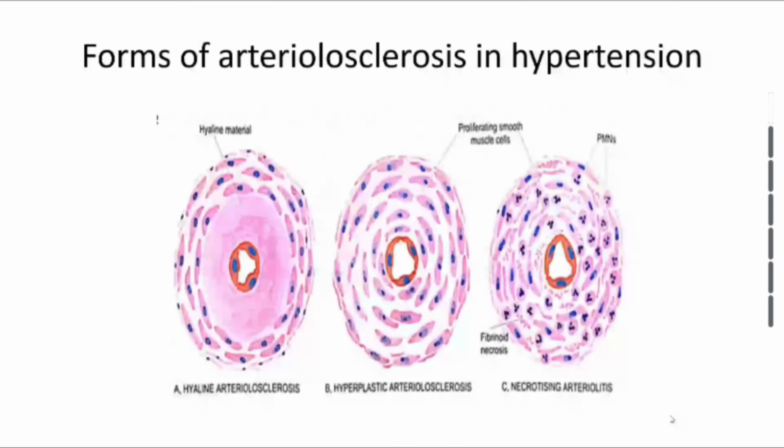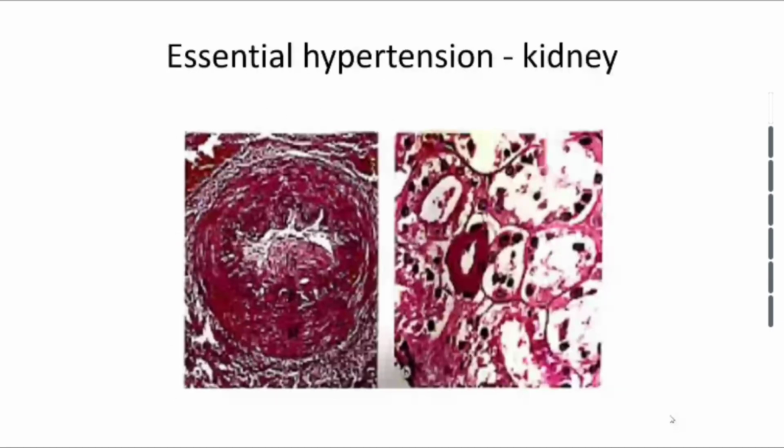And then we have internal elastic lamina. The E that you see there is the internal elastic lamina. Then we have a hyaline, that pinkish stained substance. That is the hyaline. And you can see all that is causing the blood vessel lumen to be narrowed.